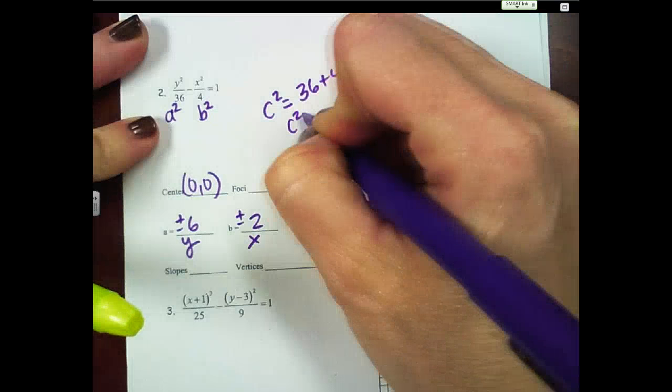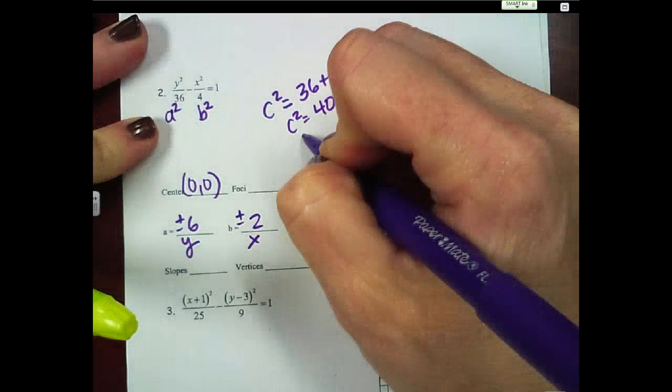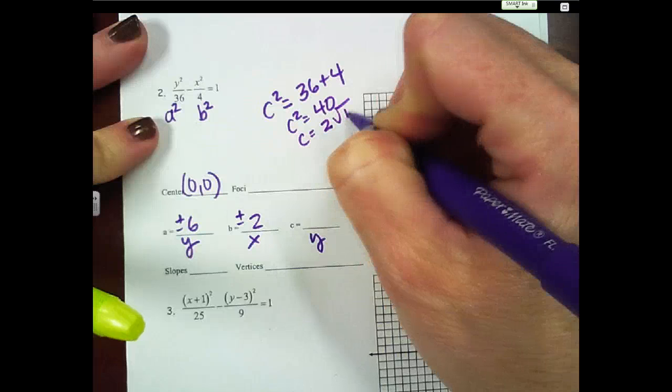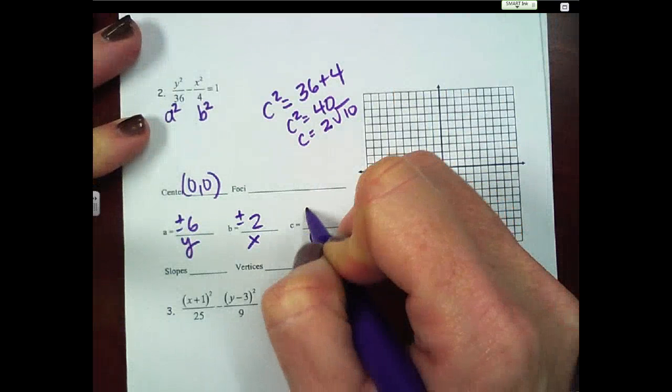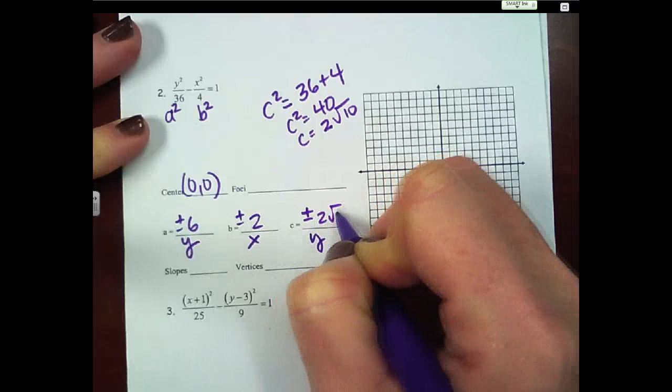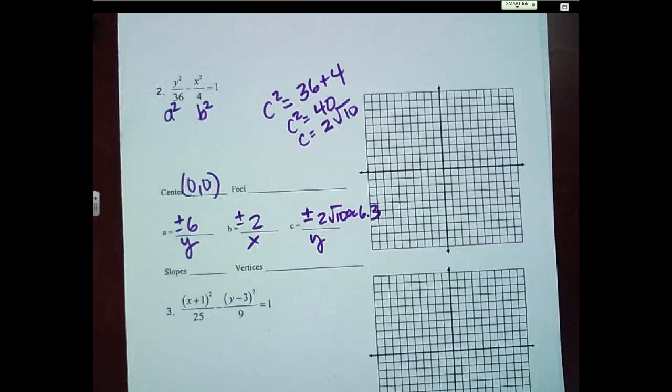So c squared is 40. So c is the square root of 40, which reduces to 2 root 10, approximately 6.3. So you're going to slide from the center 6.3 to get to the foci.